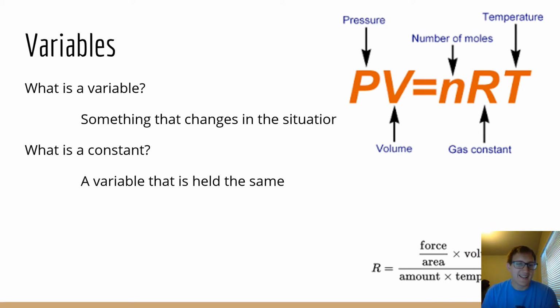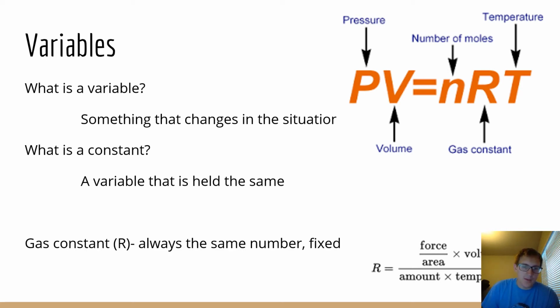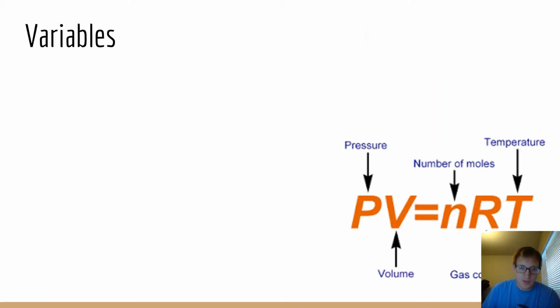Well, that's something that stays the same over an experiment or over time or forever. It kind of depends on the situation itself. The gas constant R is always the same fixed number, and we use 0.082 liters times atmospheres over moles Kelvin.